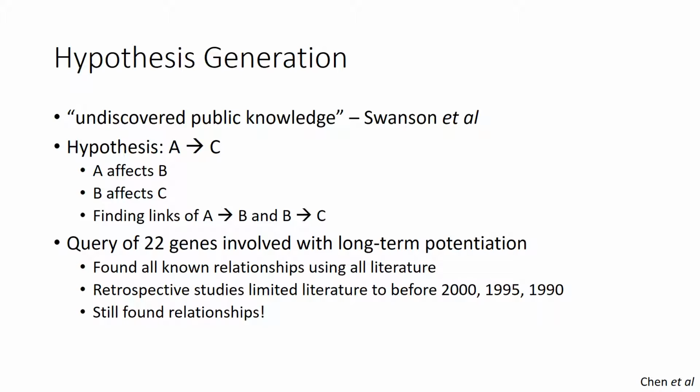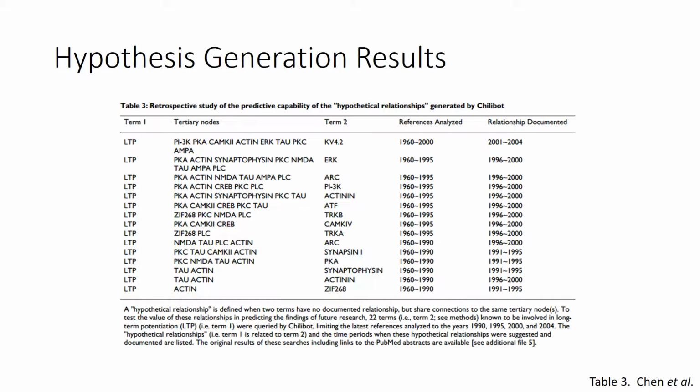Well, that's what should happen. All the literature should find all the relationships. But now we're traveling back in time, so to speak, using a retrospective study that limits LTP to just before 1995 or 1990. You still can find relationships, even limiting your information to retrospective studies.